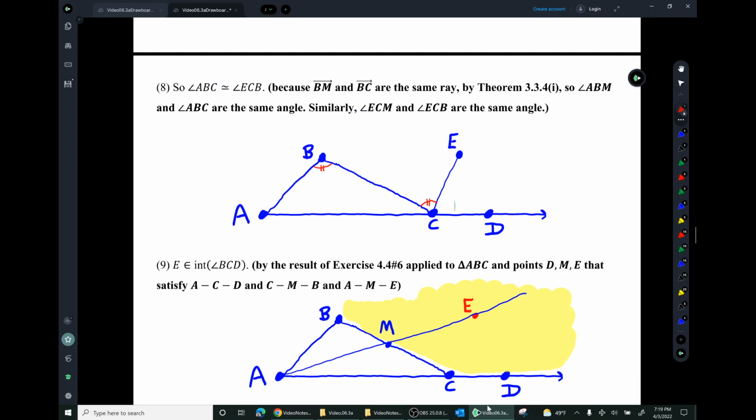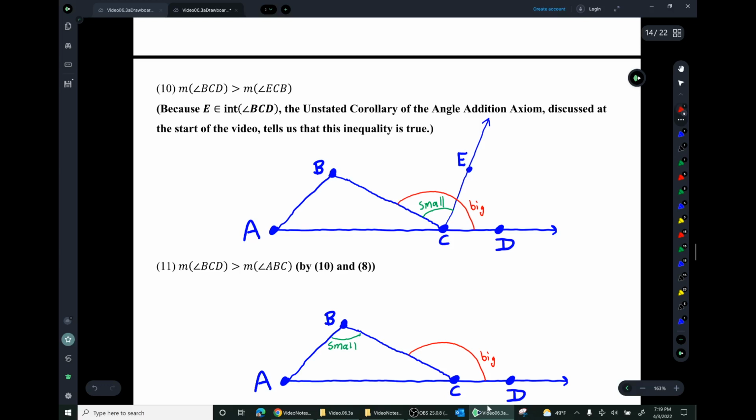All right, now we use that quirky result that I reviewed earlier in the video. We can say that point E is in the interior of this angle BCD by the result of that homework exercise. And then we can use that unstated corollary to say that since E is in the interior of this angle, then that green angle on the inside has a smaller measure than the big outer angle.